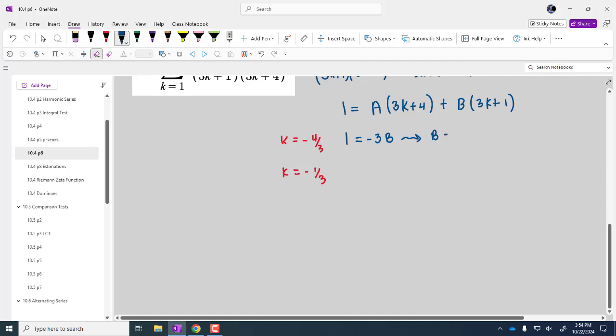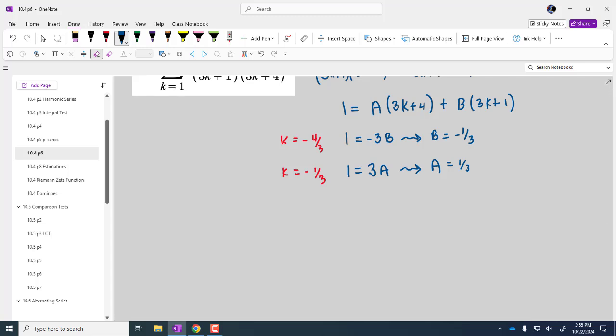So b is -1/3. If we plug in -1/3, we get 3a. So there are the two numerators, a third and -1/3.